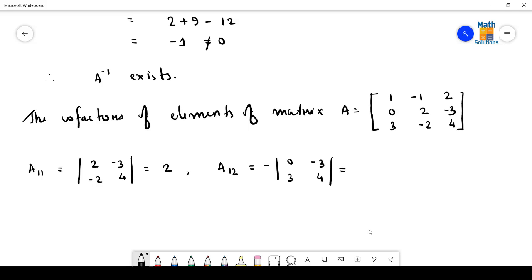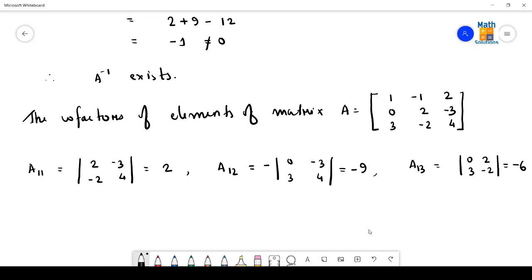Then the result will come as negative 9. Then after A13, this will be 0, 2, 3, minus 2, and our answer will be 0 minus 6. It is minus 6 here.